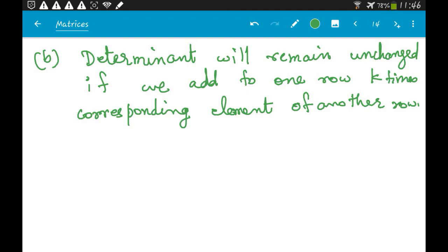Okay, and similarly for columns, we add to one column k times the corresponding elements of another column. Okay, so this you can show.